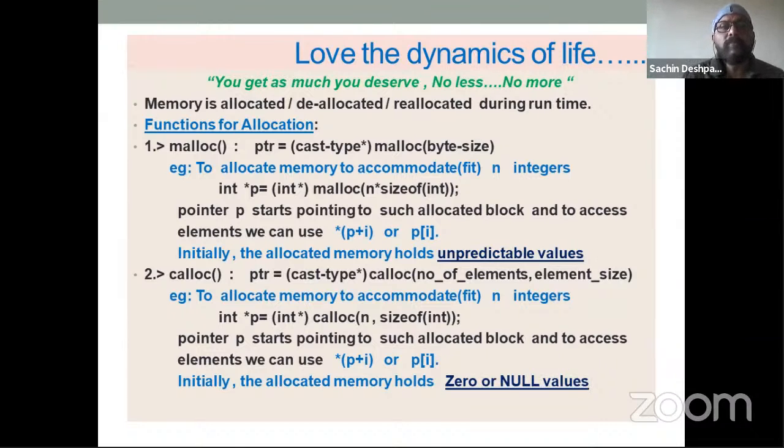As much as is required, only that much memory should be allocated, no less, no more. This means that memory is allocated and deallocated during runtime, and it is not a static allocation, which happens during compile time.